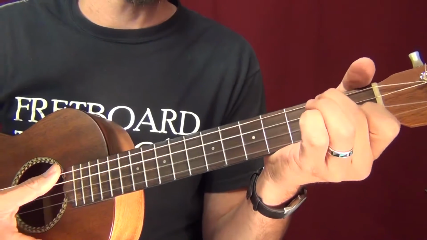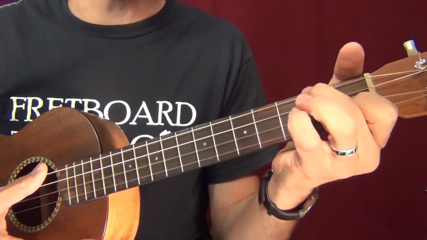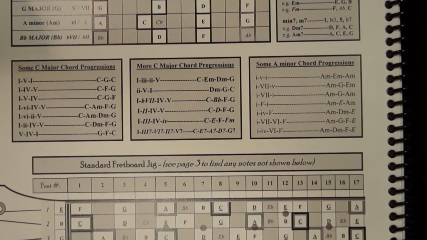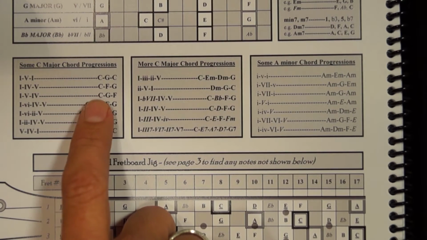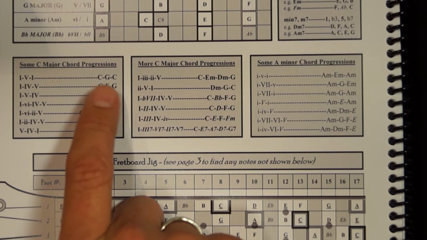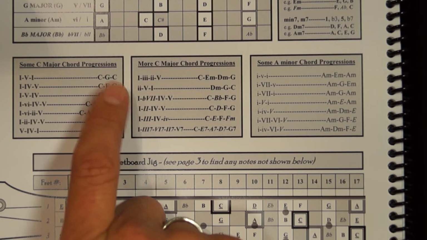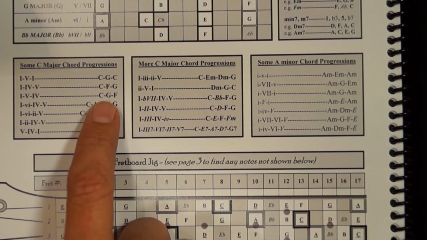There we go. So it's 1, 4, 5, and then 1 relieves the tension. That's worth sticking in your mind also, because you just hear it so often. It'll let you figure out songs on your own, because you'll be listening for pushing away from the root, or tension, or coming back home, kind of resolution.